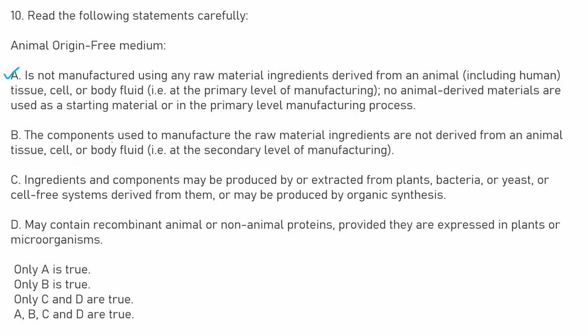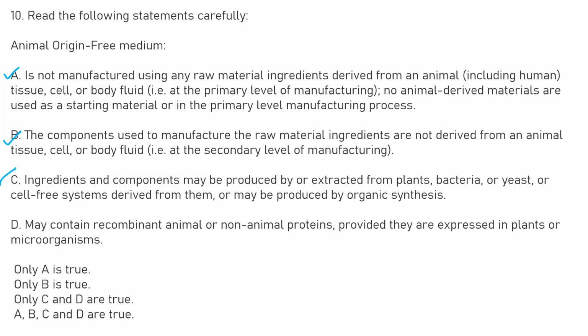Second, the components used to manufacture the raw material ingredients are not derived from an animal tissue, cell or body fluid. This is also correct because it has to be animal origin free, right? Third, ingredients and components may be produced by or extracted from plants, bacteria or yeast or cell-free systems derived from them, or may be produced by organic synthesis.